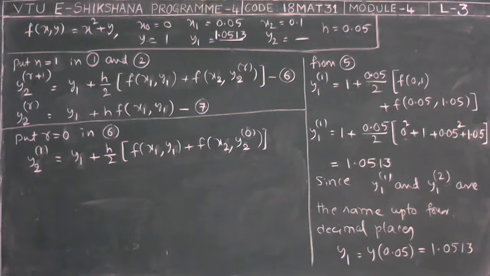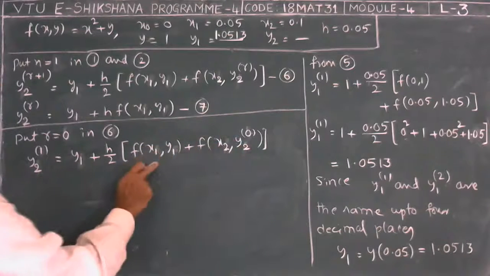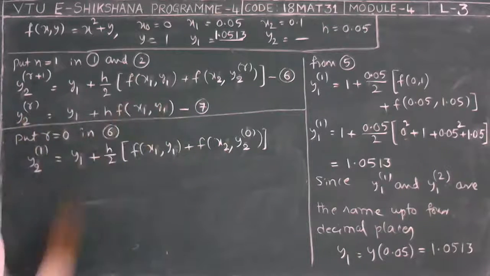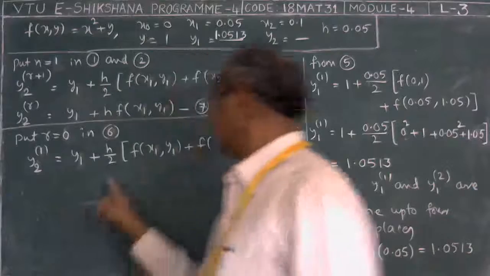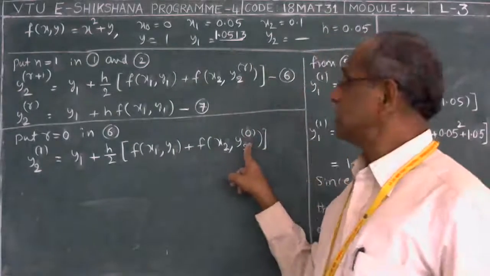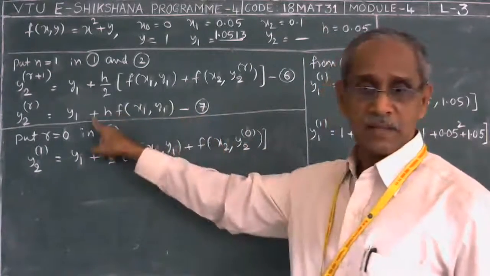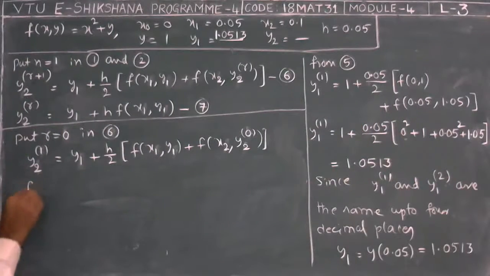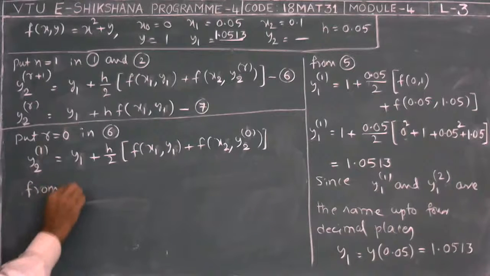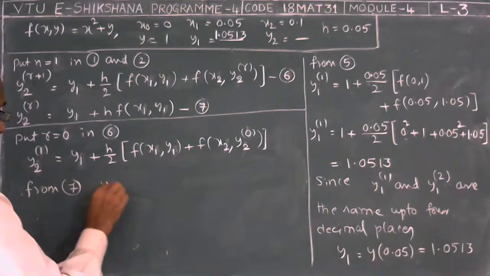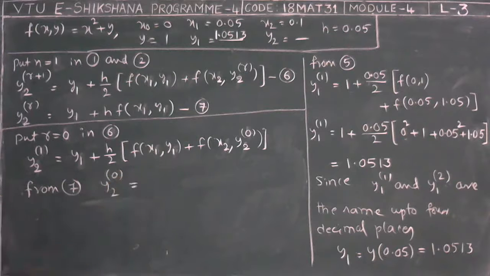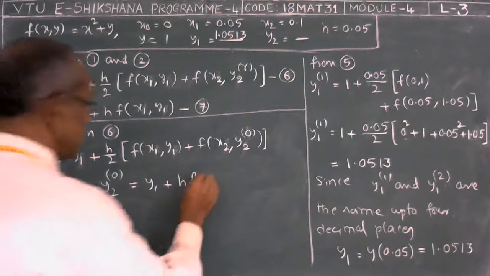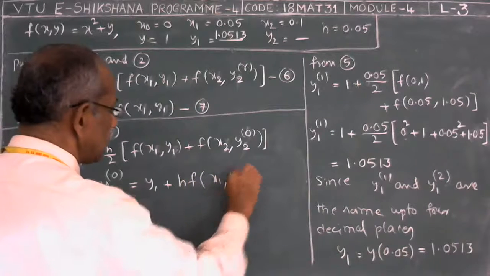From 7, I have to calculate y20 and substitute here. I can obtain y20 from equation 7: y20 is equal to y1 plus h into f of x1 comma y1.